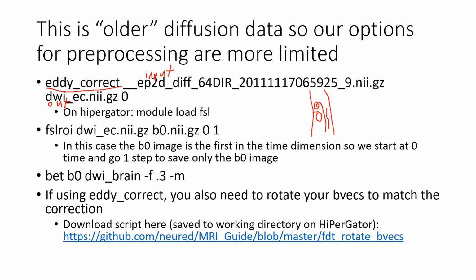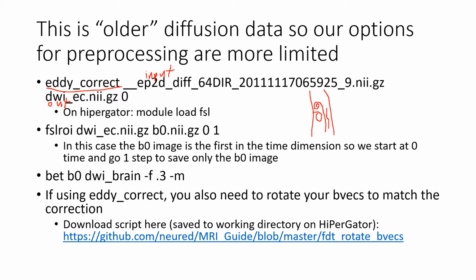Then you would put a 4 there, because again the counting starts at 0. So that's how you run it: eddy correct, input, output, and then the reference volume, and this will align everything to the B0 volume in this case, or the first volume if this was structured differently.